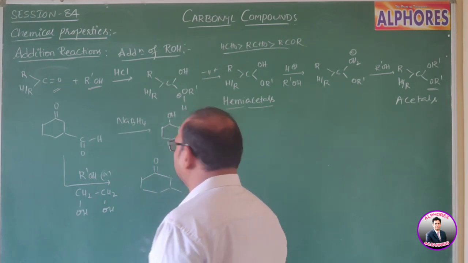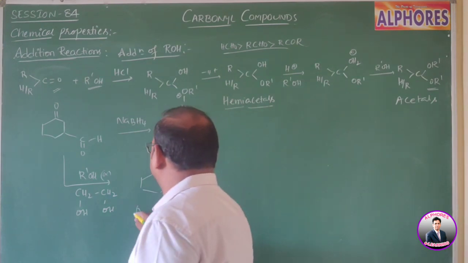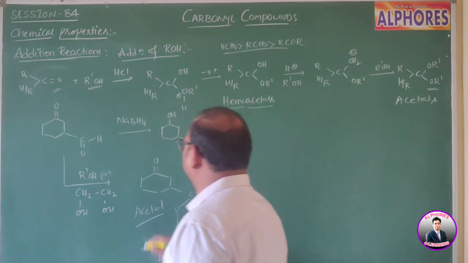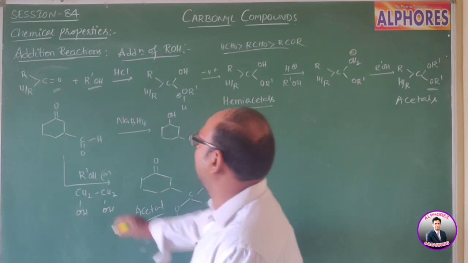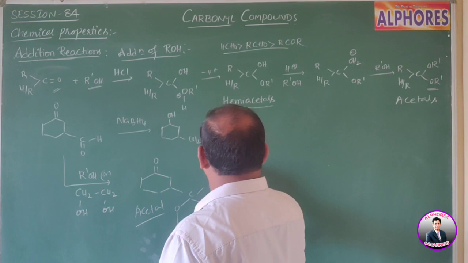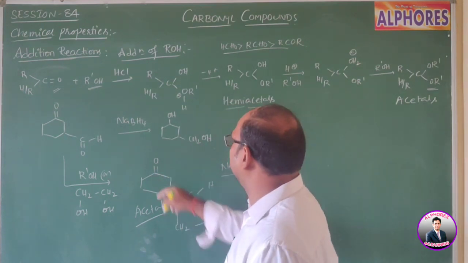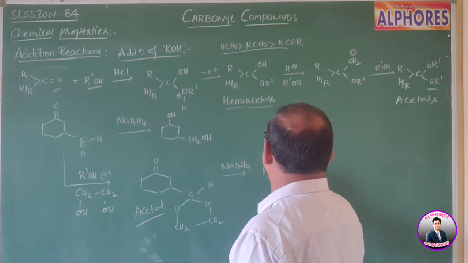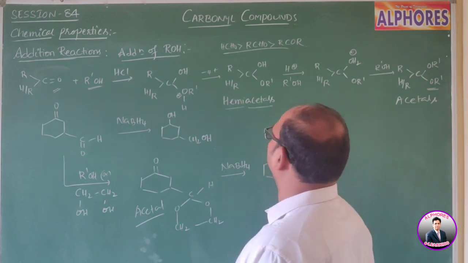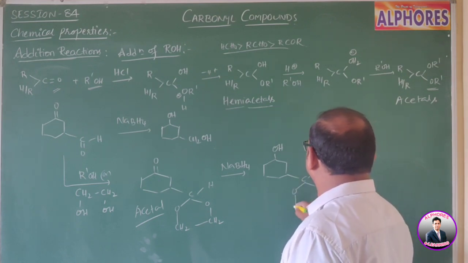CH2 like this. So now this carbon bears OR. This is what we call acetal formation. Because of acetal formation, the aldehyde group gets protected. Now this one upon reaction with NaBH4, sodium borohydride, what happened? Only the C double bond O group gets reduced to alcohol, and the acetal remains as such.